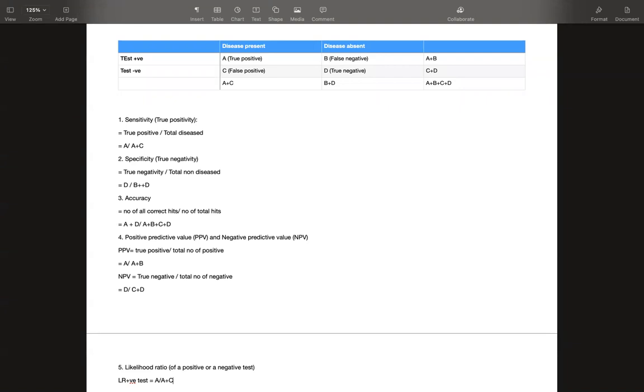So in easy words, the likelihood ratio of a positive test is sensitivity divided by 1 minus specificity.